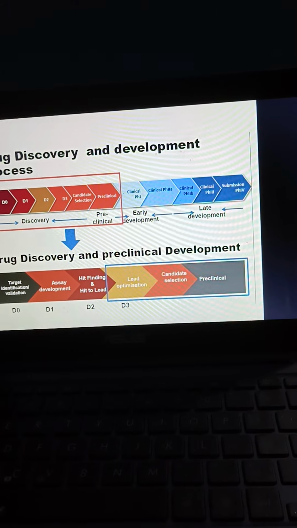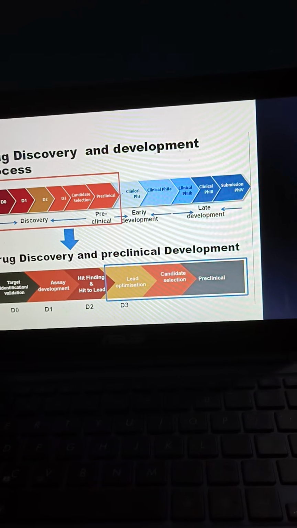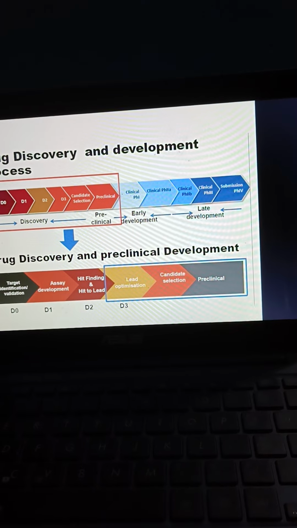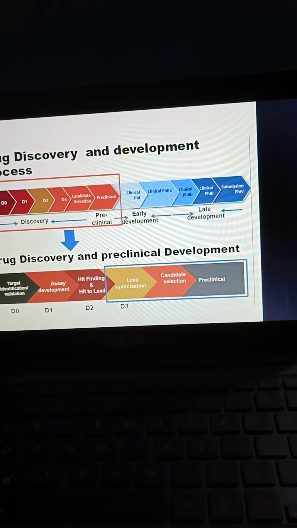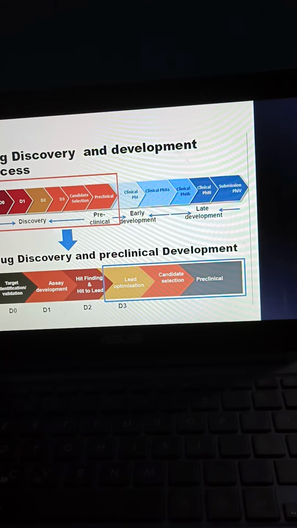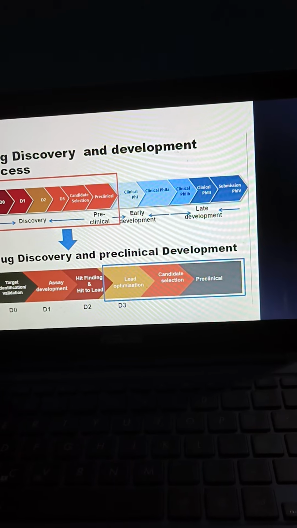Clinical phase 3 and clinical submission, that is phase 4, are late development. From preclinical to clinical phase 2B, it is the early development phase.